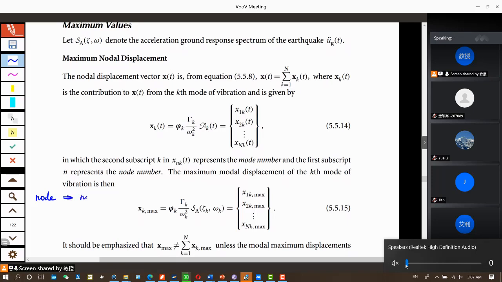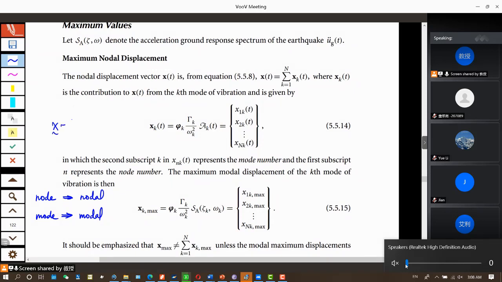Okay, so this n is the node. And X has contributions from the n modes. Okay, so this k is the mode.